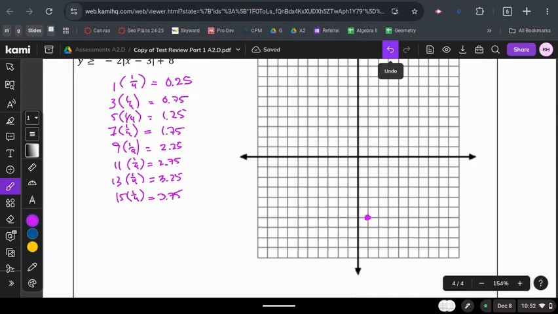So let's see if we get that. Up by 0.25 and over 1 lands me right here. Up by 0.75 gets me to the whole point right there. Then up by 1.25 is right there. 1.75 is back on the point.